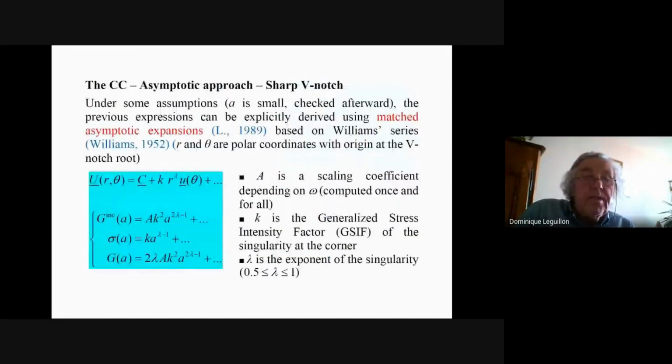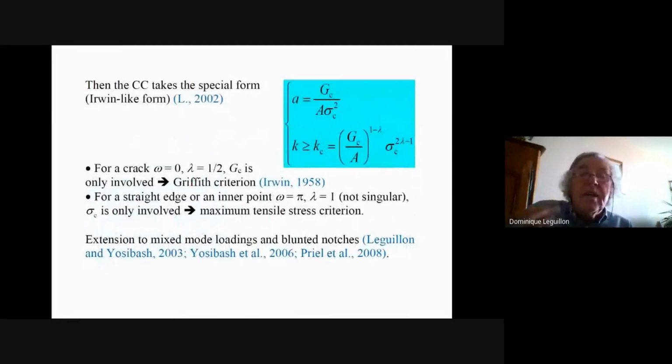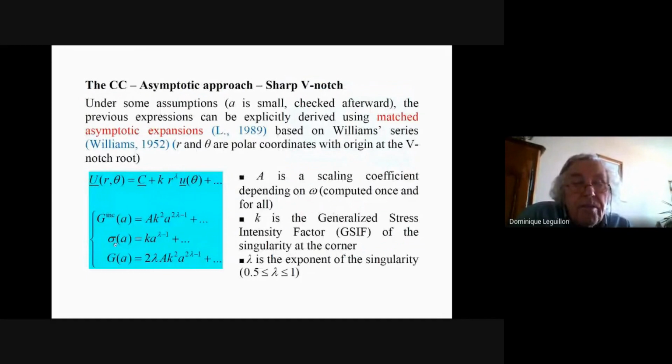Now, it's easier because we have analytical relationships, so we can calculate A here. Just to recall, you see that here sigma is a decreasing function of A because lambda minus 1 is negative, and as lambda is between 1/2, which is for a crack, and 1, which is for a straight edge, 2 lambda minus 1 is positive, so here we have a decreasing function, and here we have an increasing function.